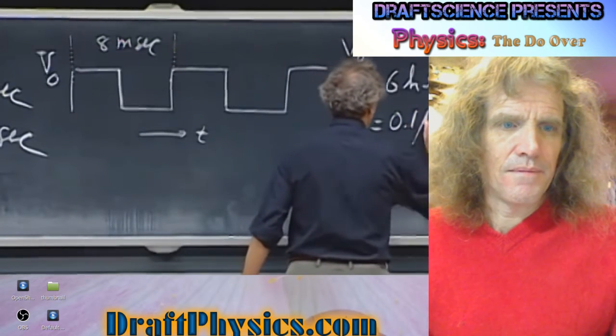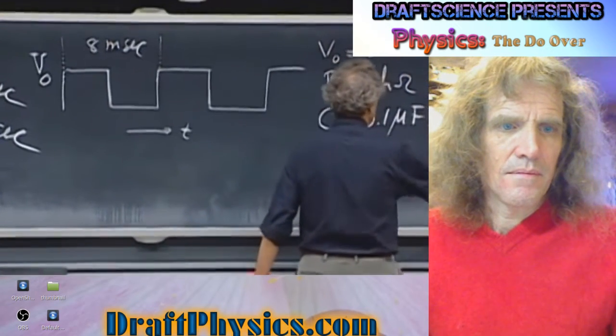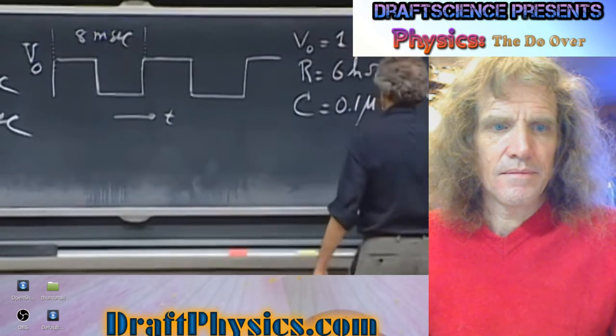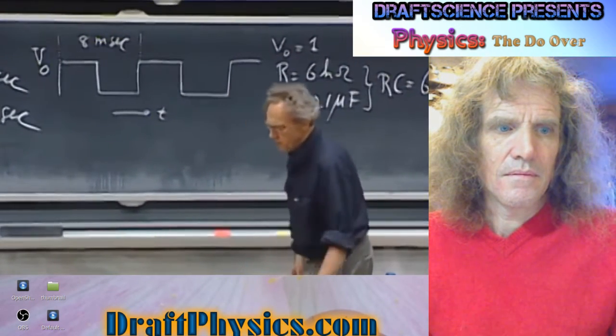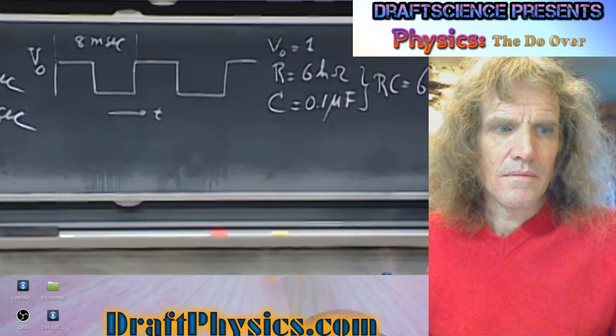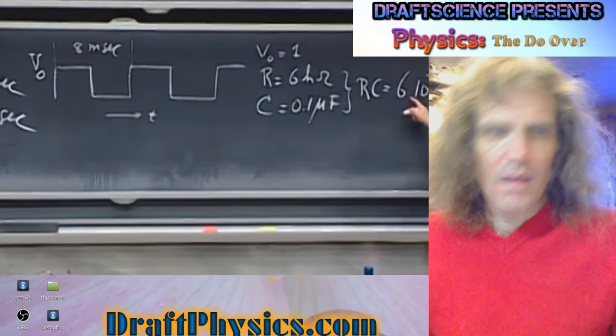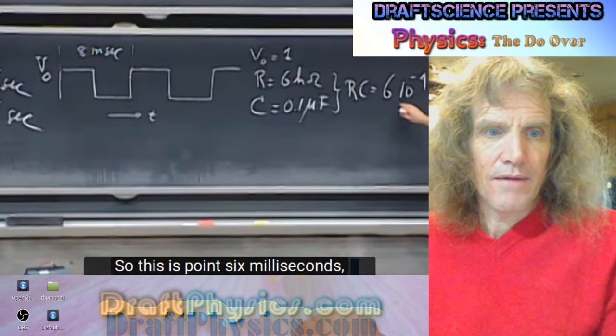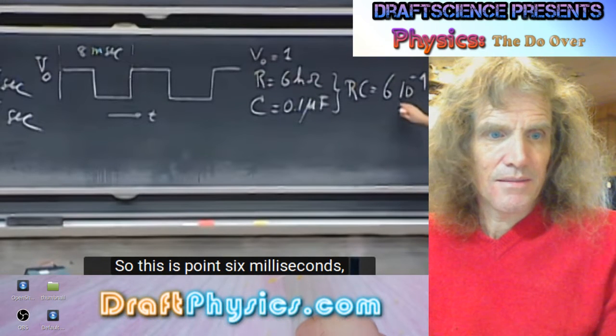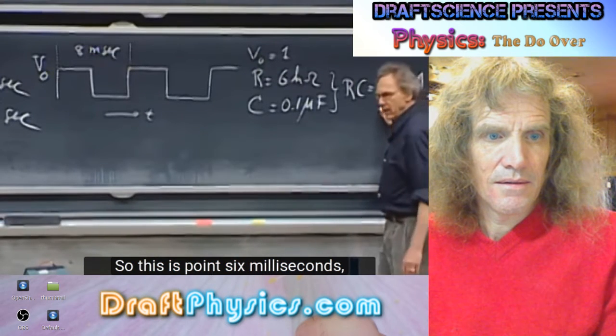This is 0.1 microfarad. And so the RC time is 6 times 10 to the minus 4 seconds. It'd be nice to have it in milliseconds. So that's 0.6 milliseconds.